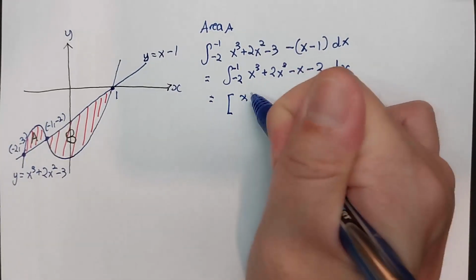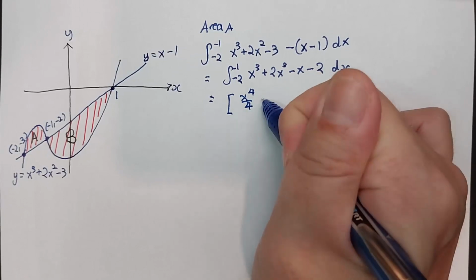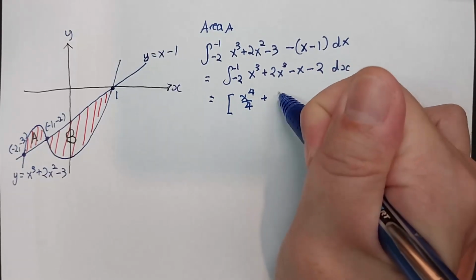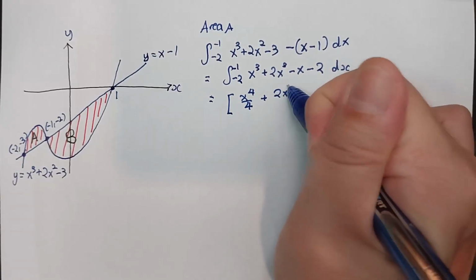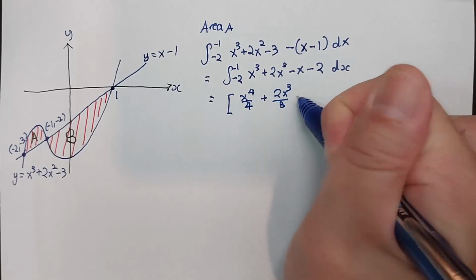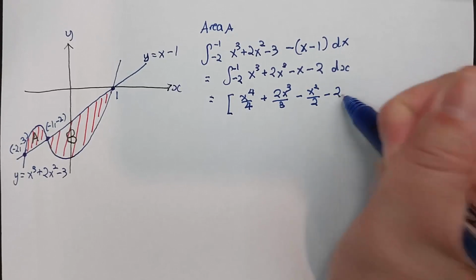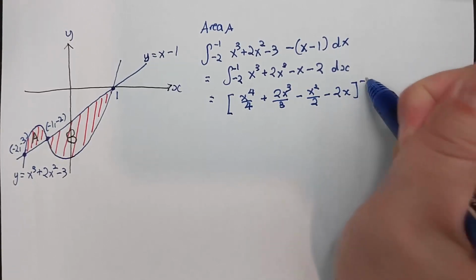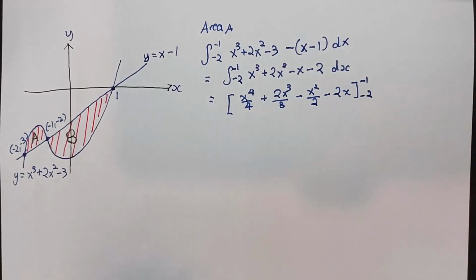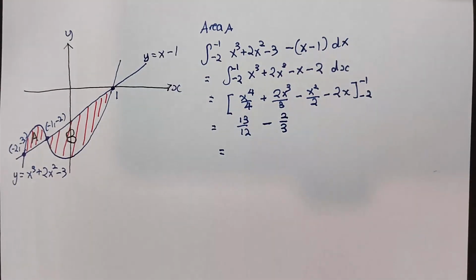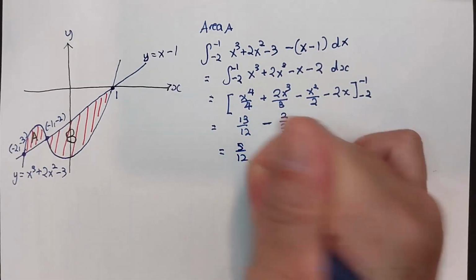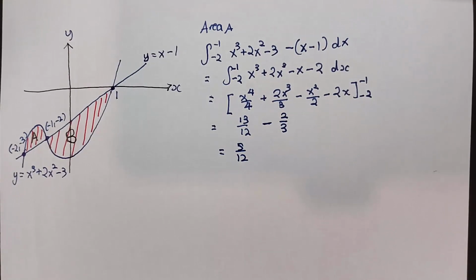Integrating it, we will have x⁴/4 + 2x³/3 − x²/2 − 2x from −1 to −2. That will give us 5/12 for region A.